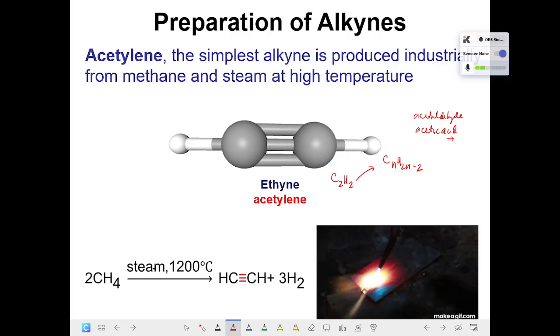Another importance nitong acetylene natin na ito is this is the gas that is used and burned at high temperature in oxyacetylene welding torches, di ba? So, when you're welding something like metals, then you use acetylene torch.